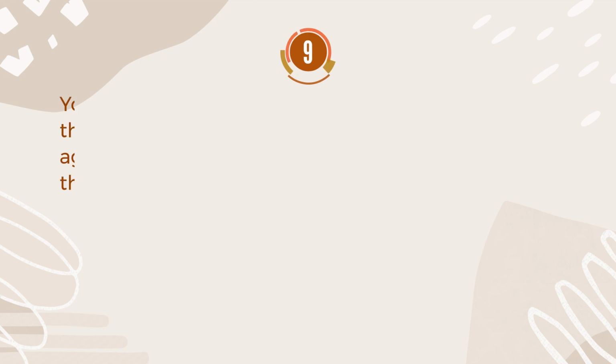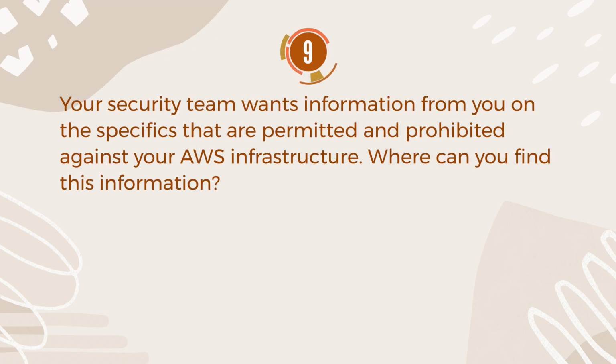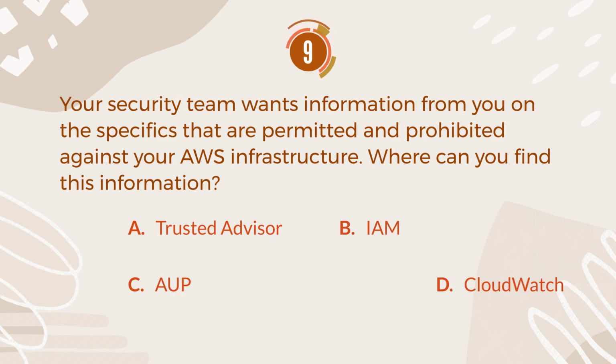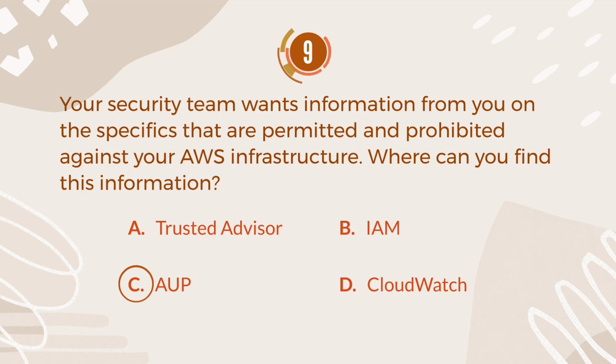Number 9. Your security team wants information from you on the specifics that are permitted and prohibited against your AWS infrastructure. Where can you find this information? A. Trusted Advisor. B. Identity and Access Management. C. Acceptable Use Policy. D. CloudWatch. The correct answer is C. Acceptable Use Policy.